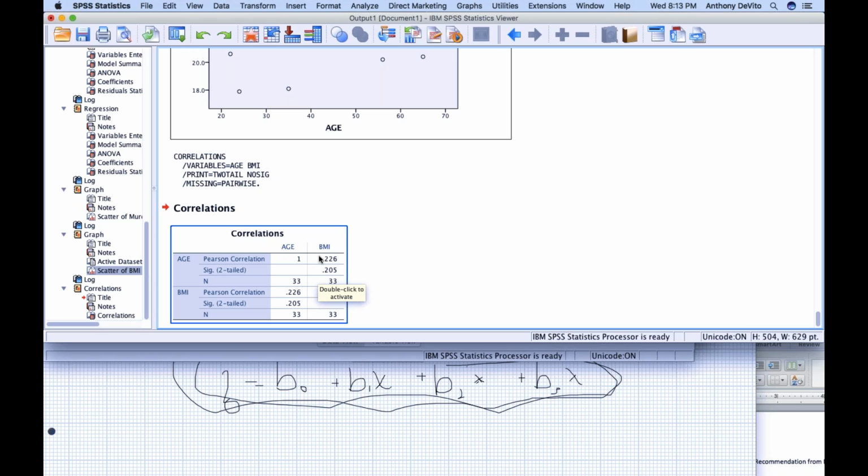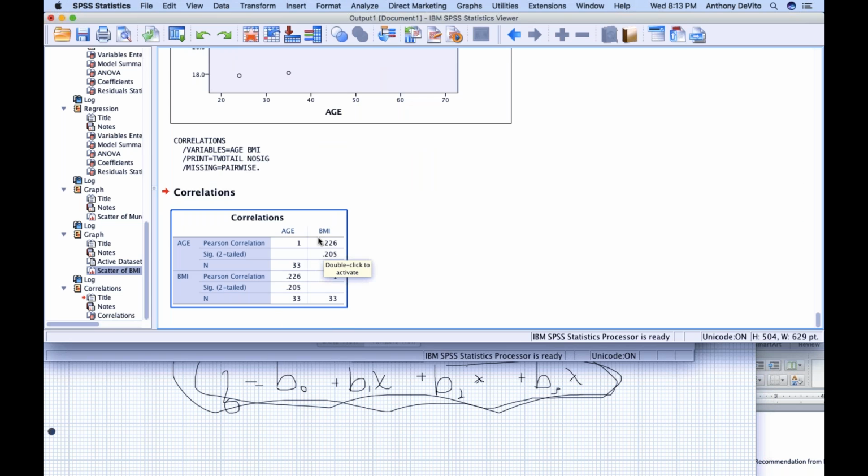So we have a low but not trivial correlation between age and BMI. There is some correlation, not very much of one, but we really can't say it's different from zero because our p-value is not less than 0.05.